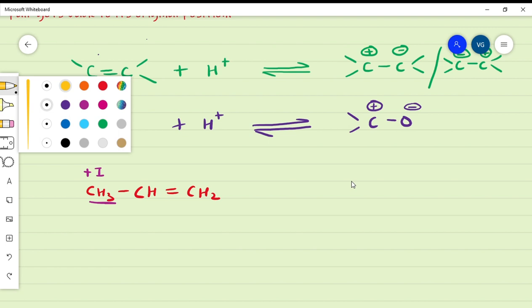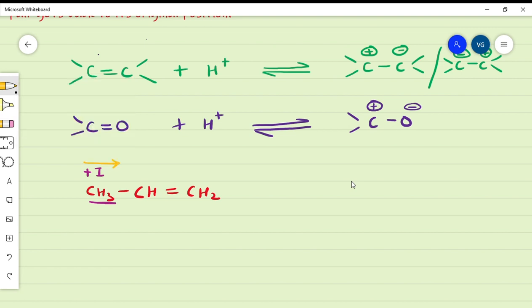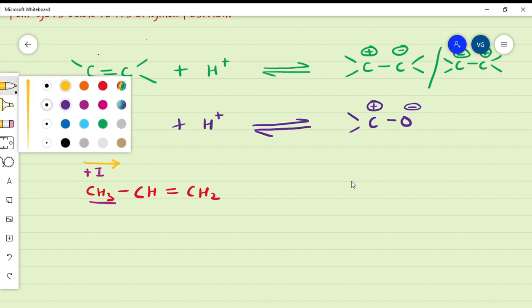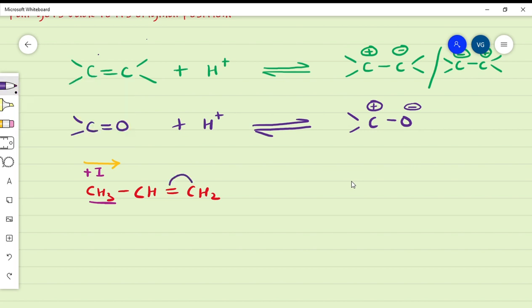So CH3 is showing plus I effect. Plus I effect means electron donating nature. So this is the direction of electron density from CH3 to the carbon. So the electromagnetic effect will generate in the same direction. And finally we will get a situation like this: CH3 CH. Now the middle carbon acquires positive charge and the last carbon acquires negative charge.